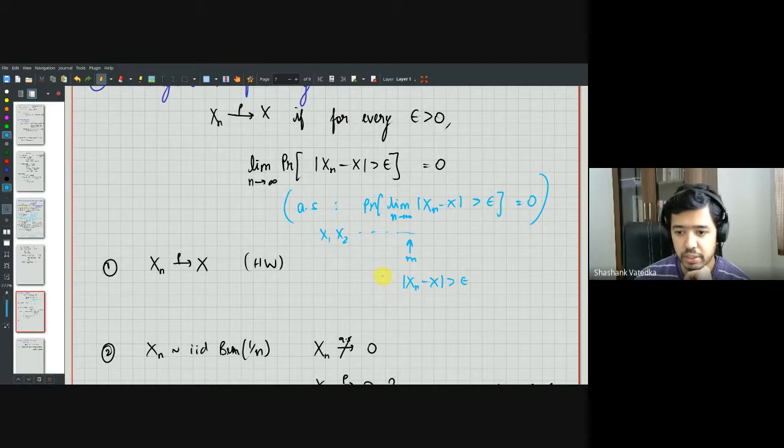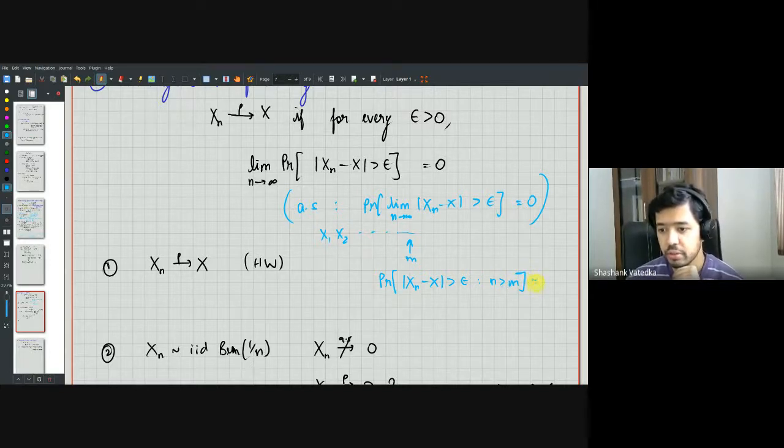So the probability of this happening for all n greater than or equal to m. So this will be probability that this is less than epsilon.